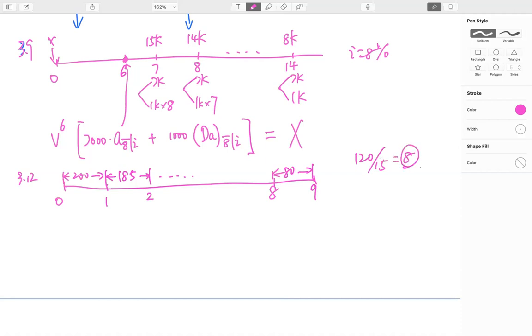That's also the reason why this is 9, because the first year you have 200, so the ninth year you should have 80. The annual effective interest is 4%. We want to know the accumulated value at 10 years that I received continuously over time.